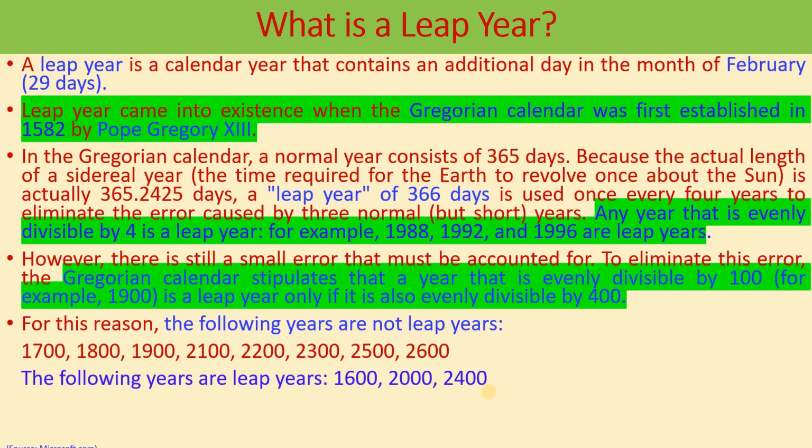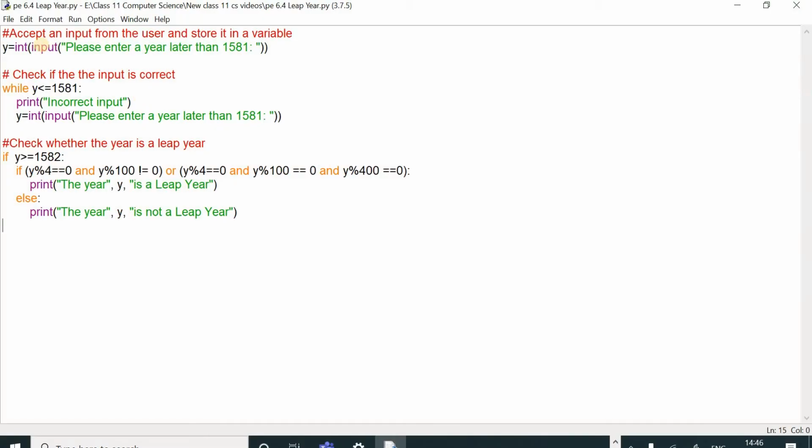So let's see how we can code all these conditions in Python. This is the Python code for solving this problem. What you're seeing on the screen is the IDLE Python editor. We are using Python 3.7.5 version for this video. The first step to solve this problem is to accept an input from the user and store it in a variable. So the statement that we use is y = int(input("Please enter a year later than 1581")).